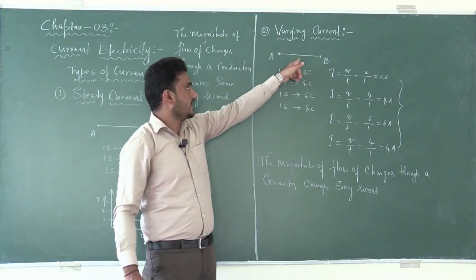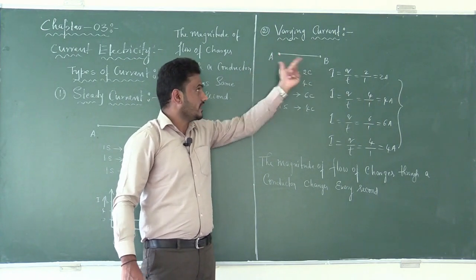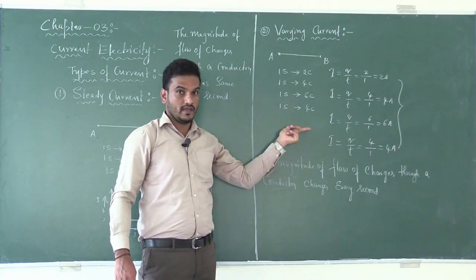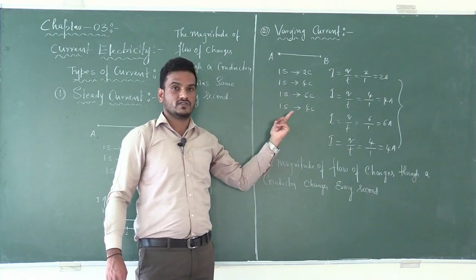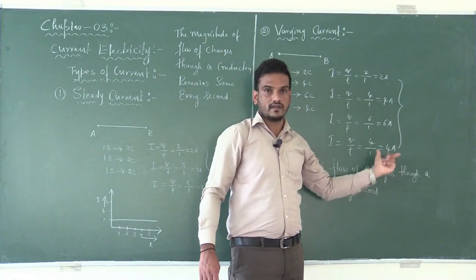So every second the magnitude of the charge which flows through the metallic conductor changes. As the magnitude of the charge which flows through the conductor changes, the current also changes.